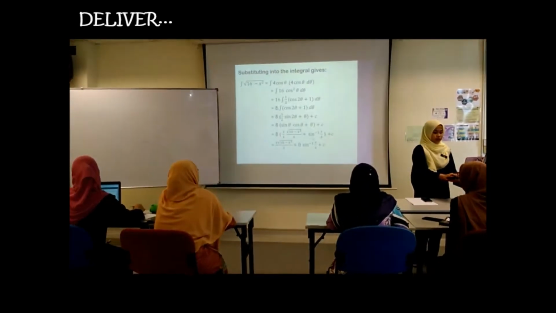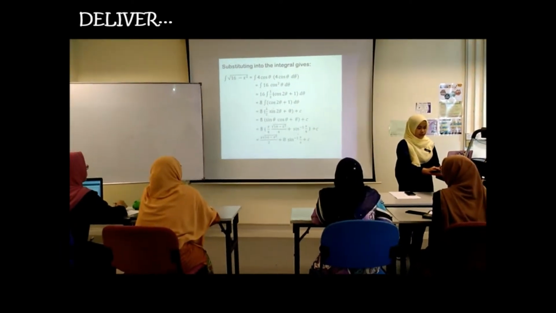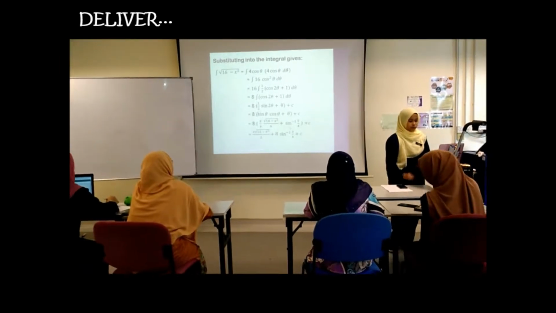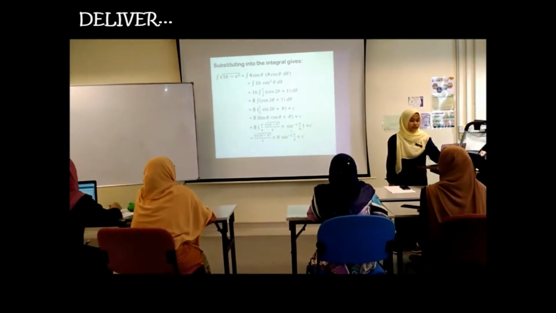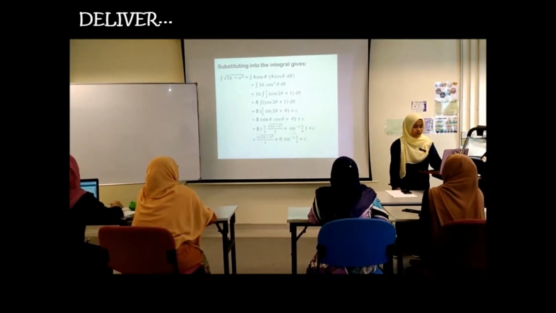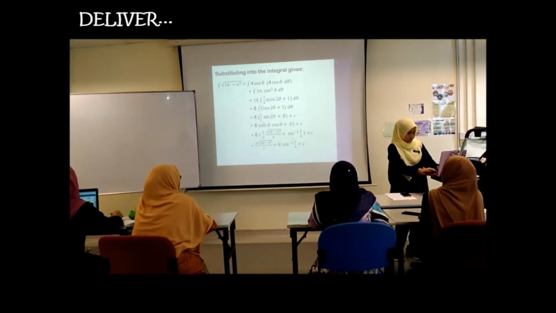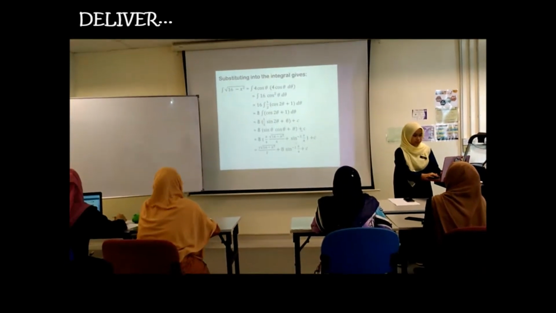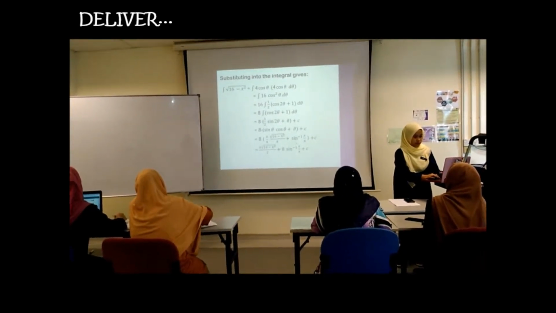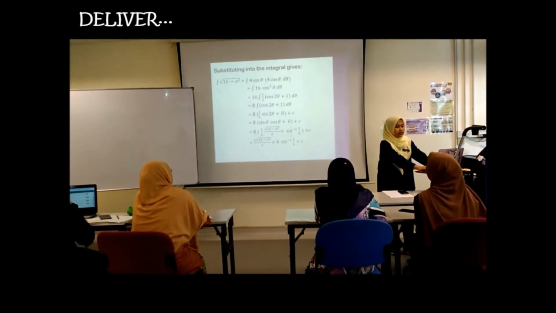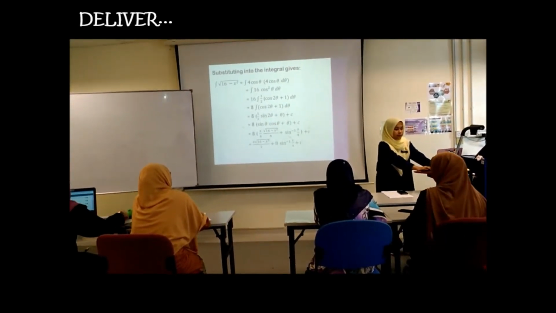So we simplify, we get 8 integrate cos 2 theta plus 1 d theta. After that we solve the integration, so we get 8 bracket half sin 2 theta plus theta, plus c. So the double angle, we get 8 sin theta cos theta plus c.